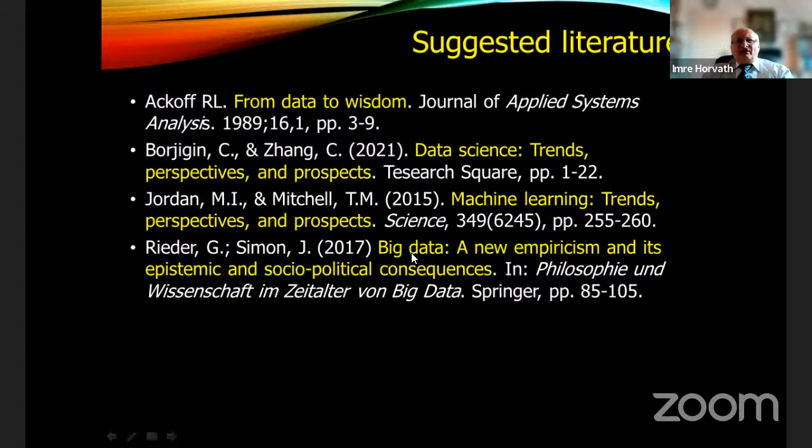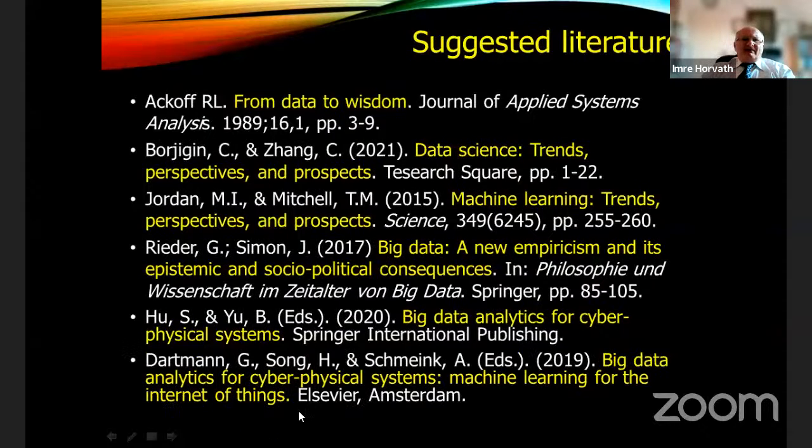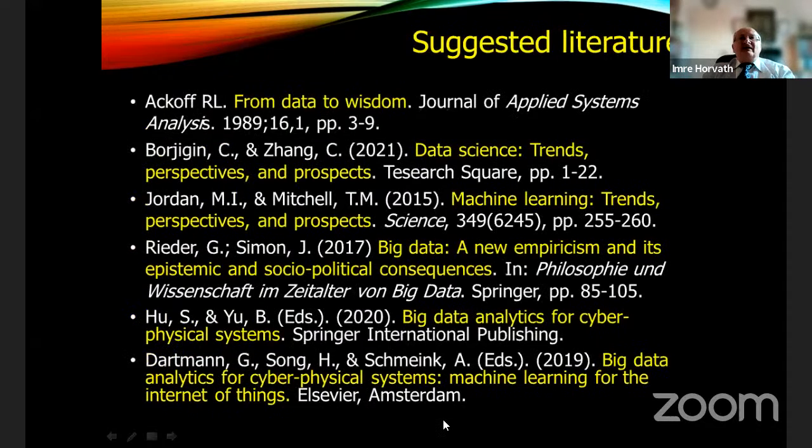Reader and Simon's paper on big data, new empiricism and its epistemic and socio-political consequences. Then Who and You edited a book published by Springer, and I found it very informative, Big Data Analytics for Cyber Physical Systems. And then another edited book by Dorman, Song and Snag, Machine Learning for the Internet of Things. Thank you very much.